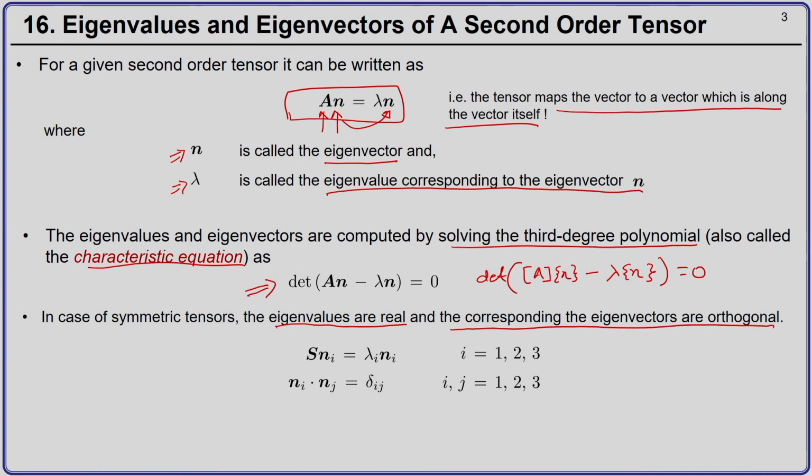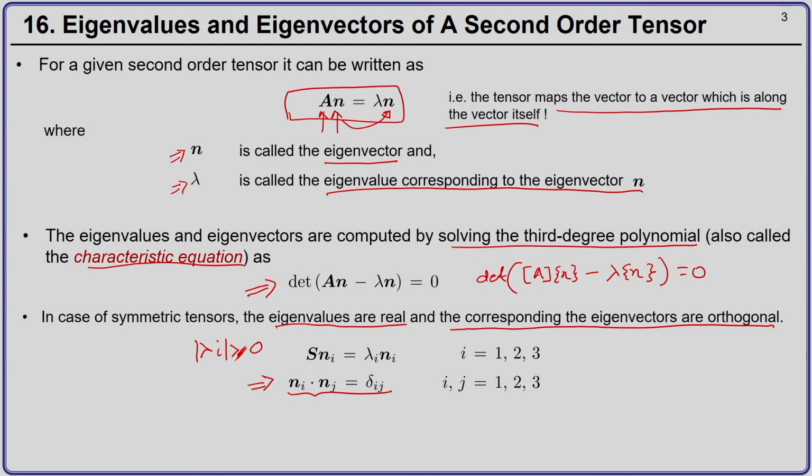So, the eigenvalues lambda i are all real numbers, and n i dot n j, if i is not equal to j, will be delta ij.